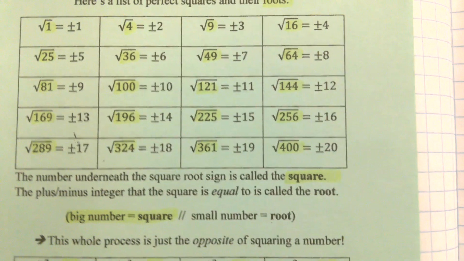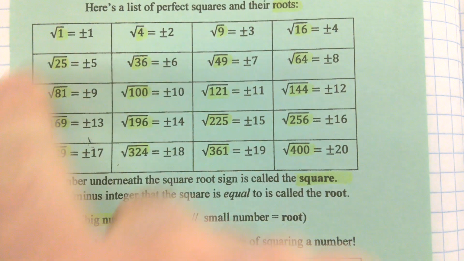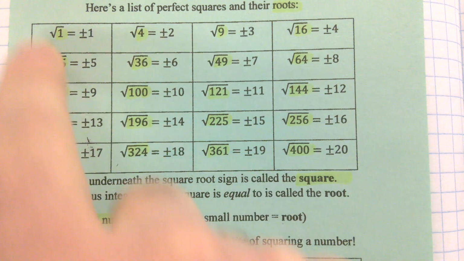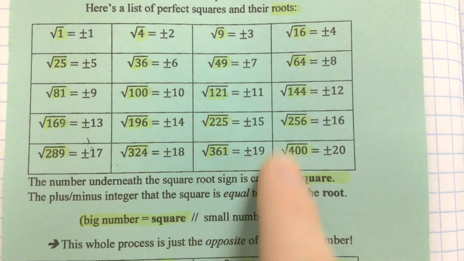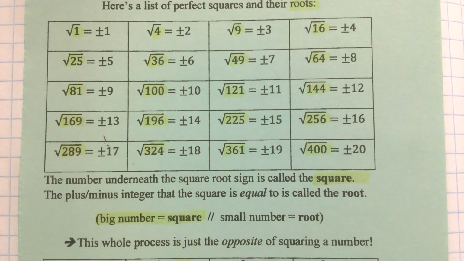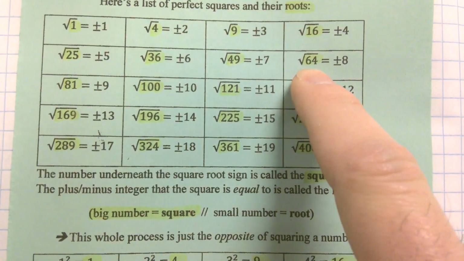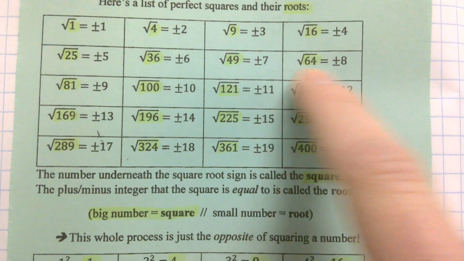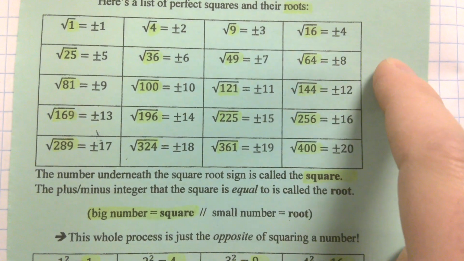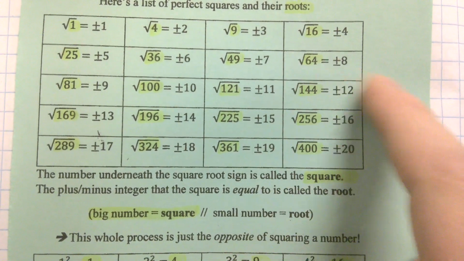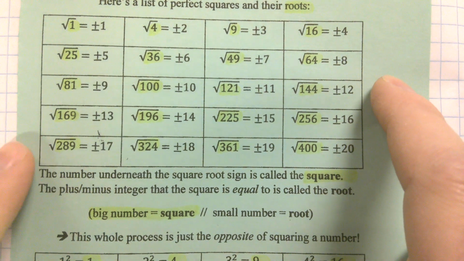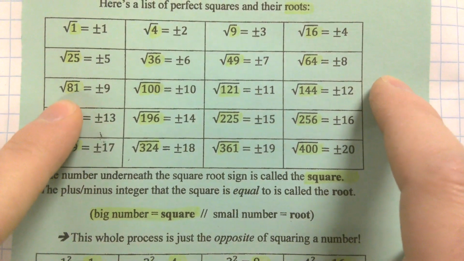We have to figure out, is 68 a perfect square? No. But which of these perfect squares is closest to 68, would you say? 64, right? Would 68 be smaller than 64 or larger? 68 would be larger than 64 and smaller than 81.